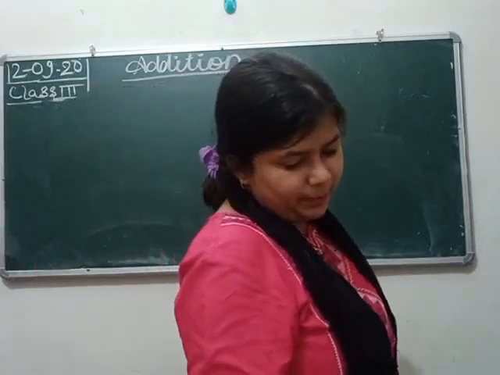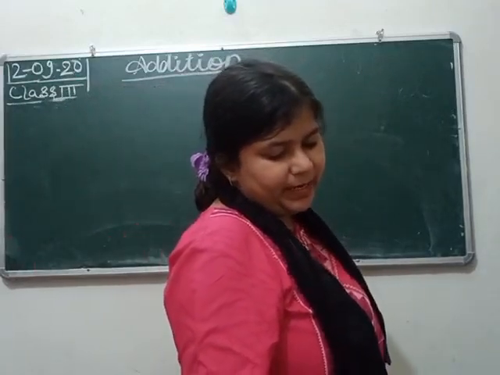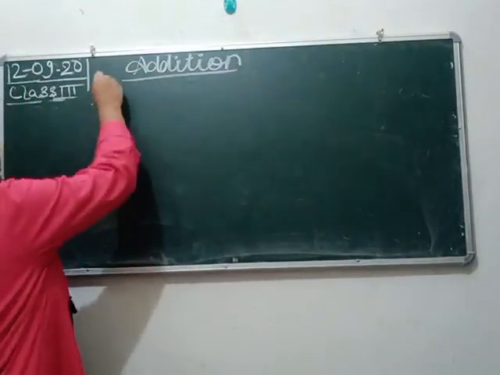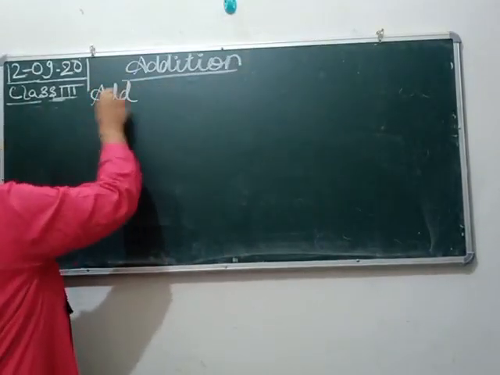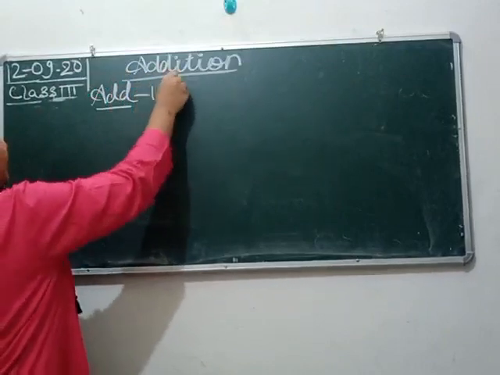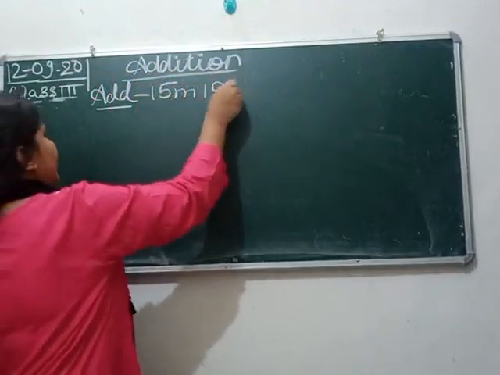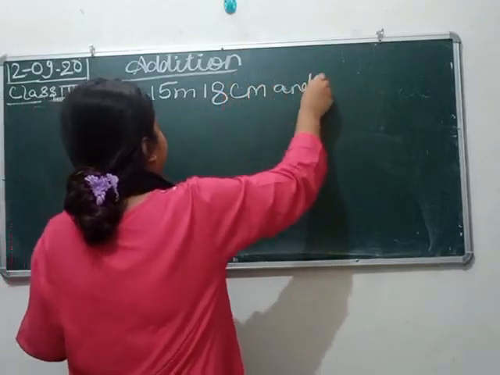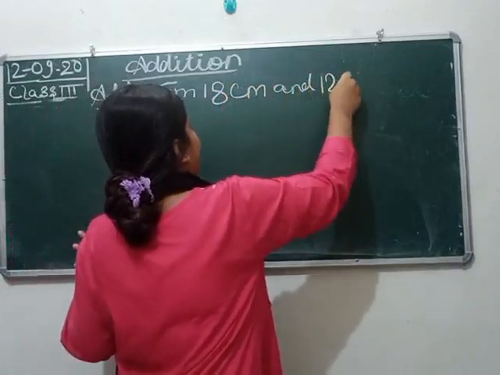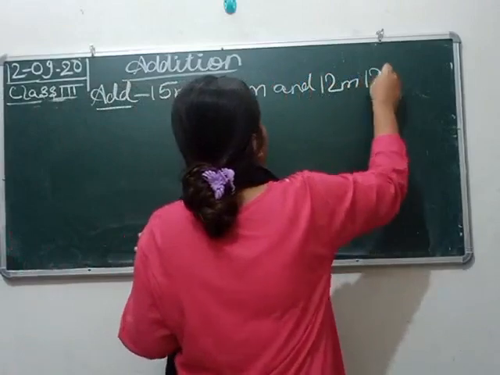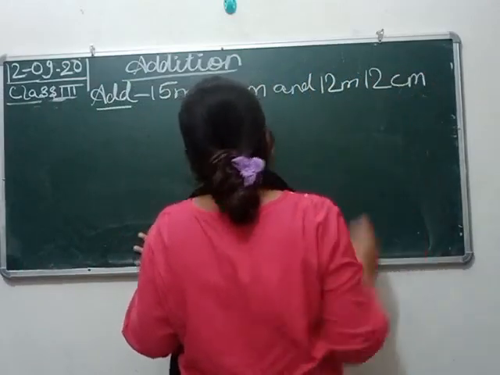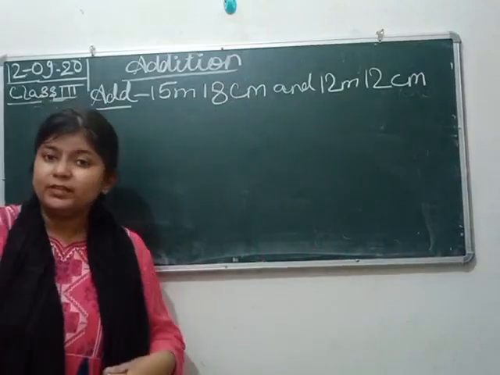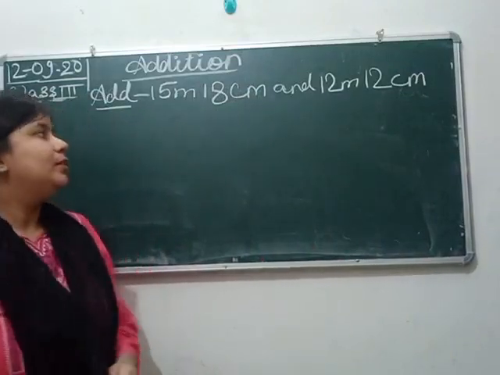So our first number is 15 meter 18 centimeter and 12 meter 12 centimeter. Okay, this we have to add. So what is the first thing that we will do here?